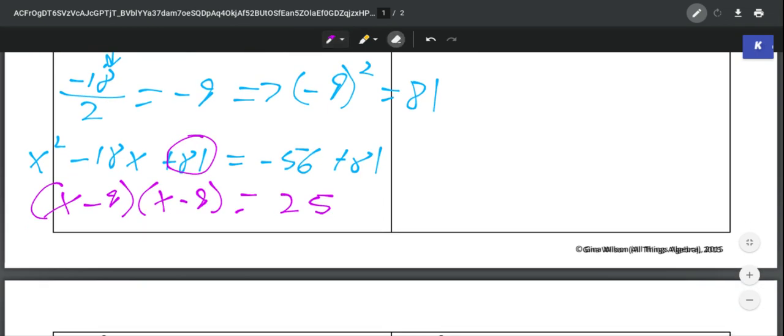Now you'll notice that what we have in parentheses, those two factors, are repeated. So we can rewrite this as x minus 9 squared is equal to 25.